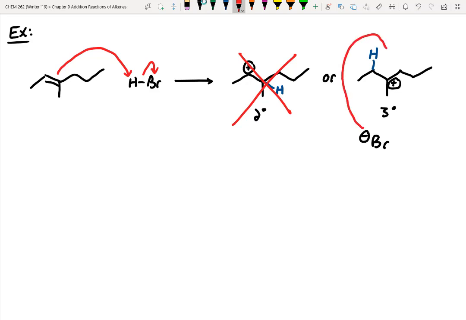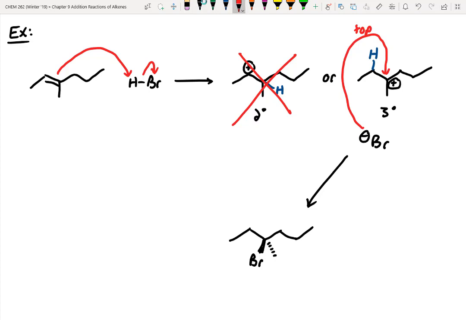One could be that it attacks from the top. So I'll just write this as top face attack. And we can show this product down here. If it attacks from the top, that means it's going to be coming off as a wedge, right? And the methyl group is going to be pushed into a dash conformation.